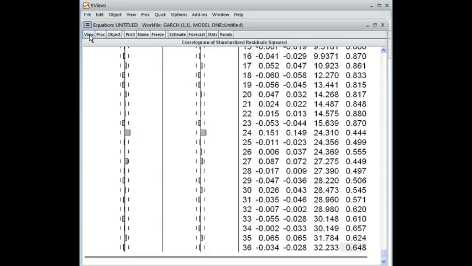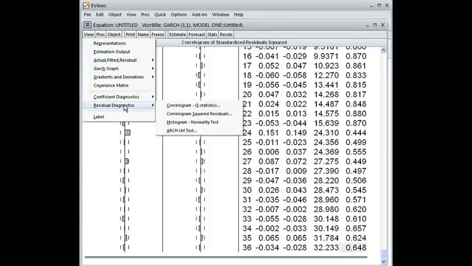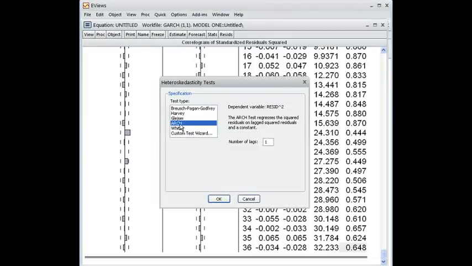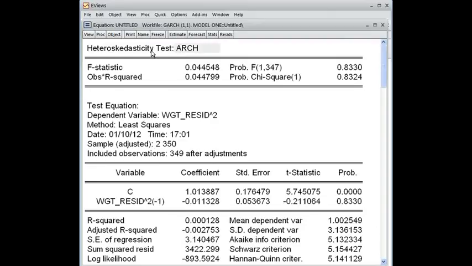I go to View, then Residual Diagnostics, and I choose the ARCH LM test, and click OK. This is the ARCH test, a test of heteroscedasticity, with observed R-squared and the corresponding p-value. The p-value is 83.24%, more than 5%.